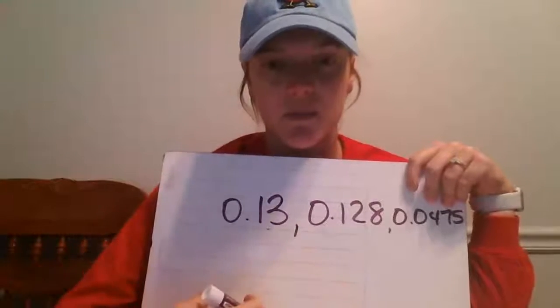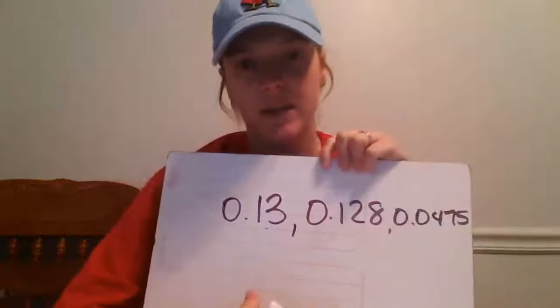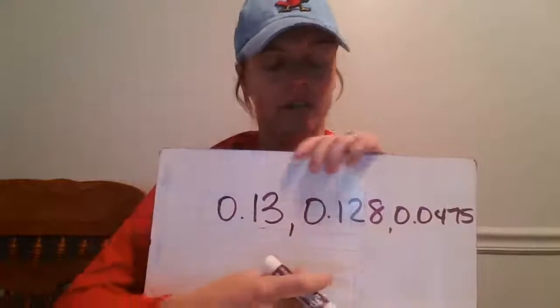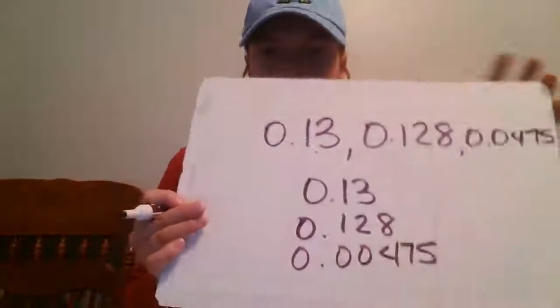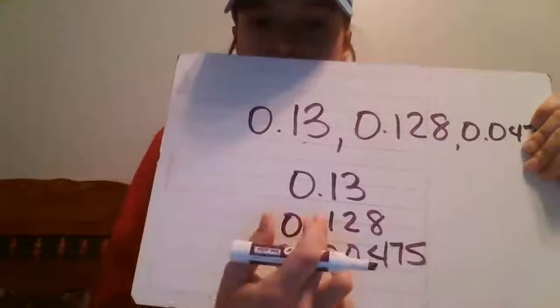And the way that they're telling us to do it is to line up our decimals. So we're going to line them up and down, so we have the decimal point all in the same place. So we're going to put 0.13, 0.128, 0.00475. Okay, as you can see, I have everything lined up.